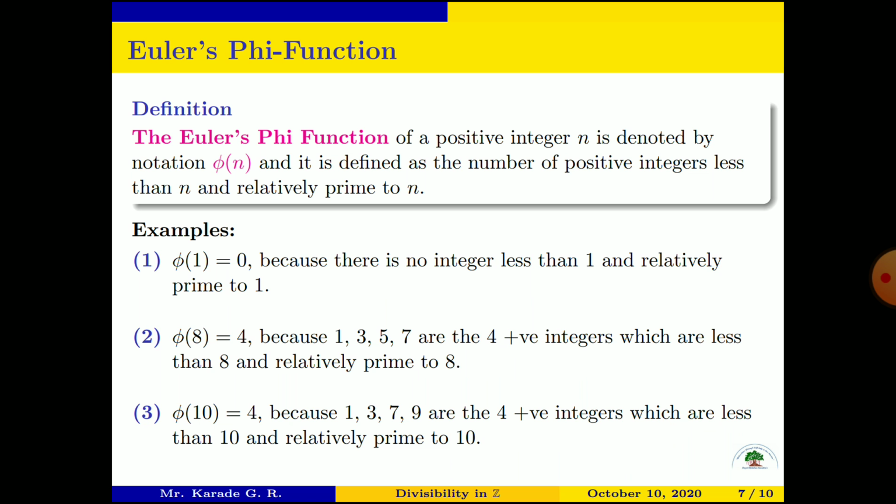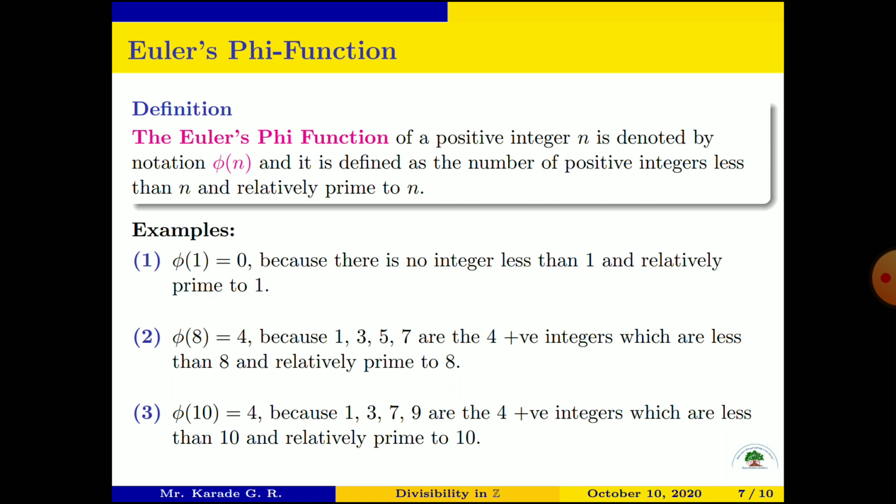The Euler's phi function of a positive integer n is denoted by the notation phi of n, and it is defined as the number of positive integers less than n and relatively prime to n.